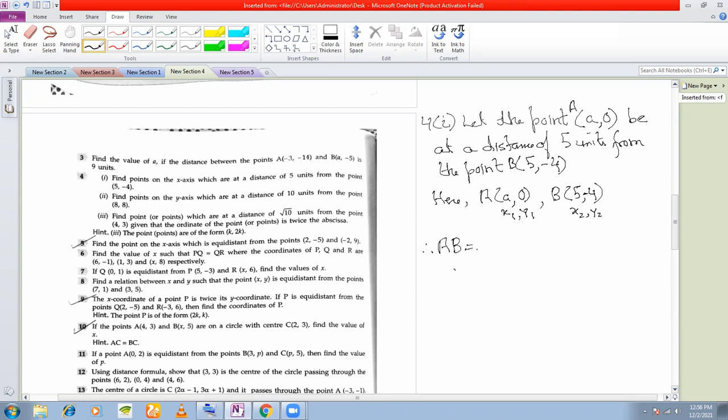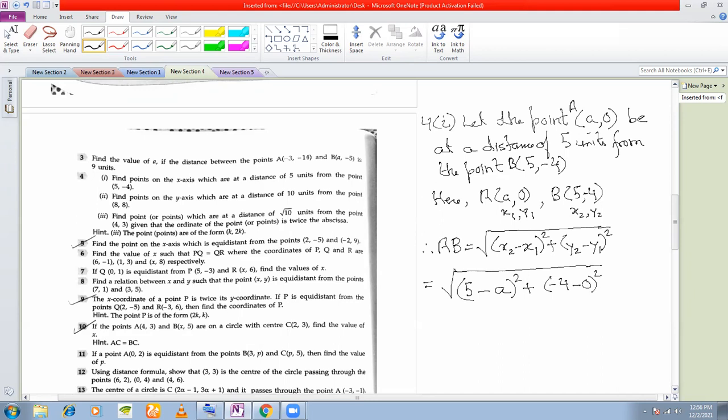Distance formula once again, square root of (x2 minus x1) whole square plus (y2 minus y1) whole square, which is equal to square root of, if you see here, the value of x2 is 5, the value of x1 is a, so (5 minus a) whole square, plus the value of y2 here is minus 4, and the value of y1 is 0.